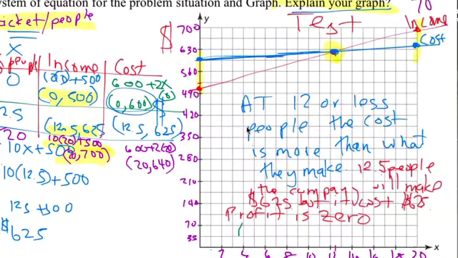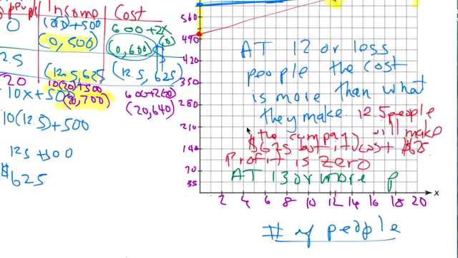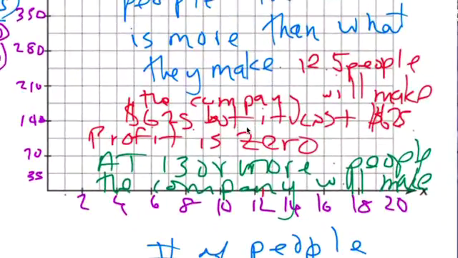So at 13 or more people, the company will make money. Okay? There we go.